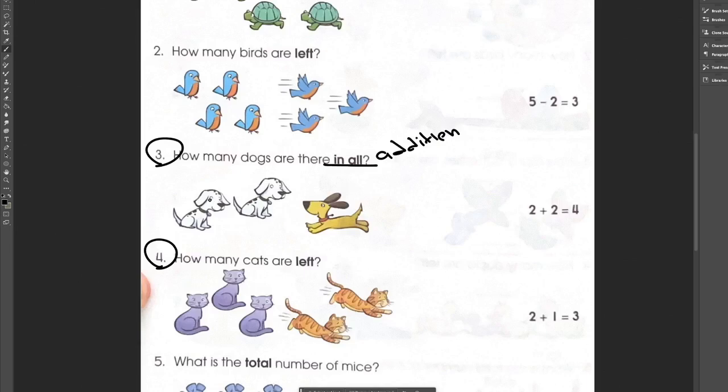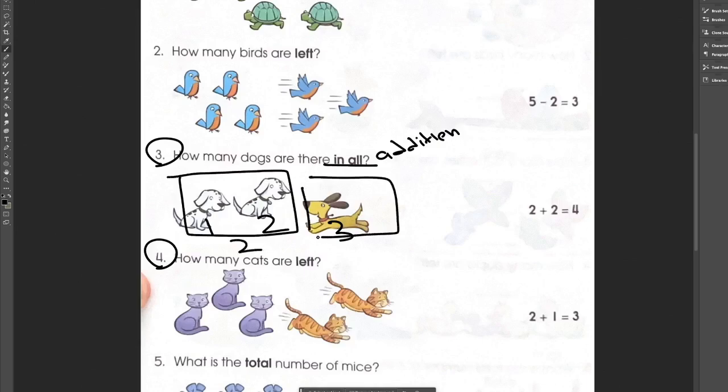So we just have to count the number of dogs there are, which is 1, 2, 3 dogs, so we know our final answer has to be 3. And there are 2 Dalmatians, or the white dogs right here, which is 1, 2, and there's this 1 yellow dog, which we can represent as 1. So our number sentence should be 2 plus 1 equals 3, which conveniently is right here.